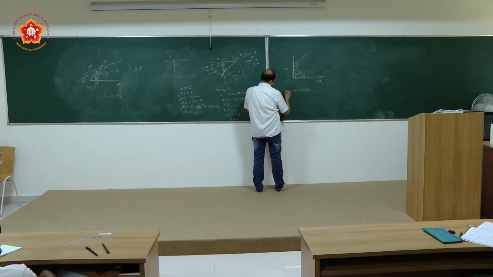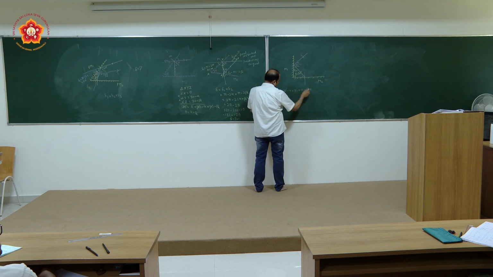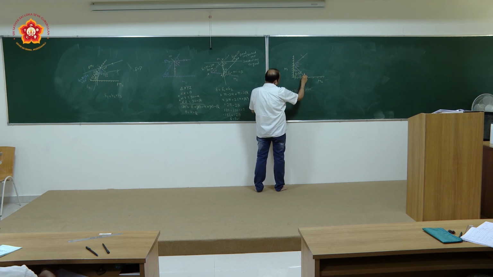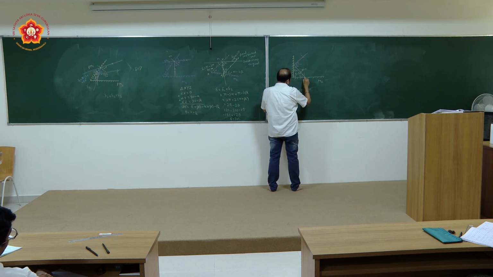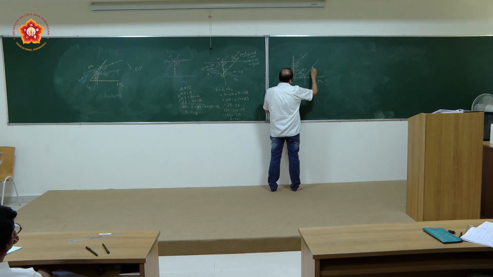So 90 plus 90, 180, gets cancelled with this part. X will be equal to alpha. So this angle will be alpha, and the angle of incidence here will be 90 minus alpha. So with the angle of incidence equal to the angle of reflection, the ray will be traveling along this direction.